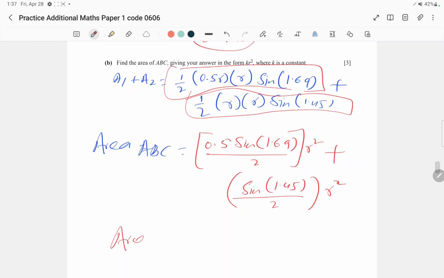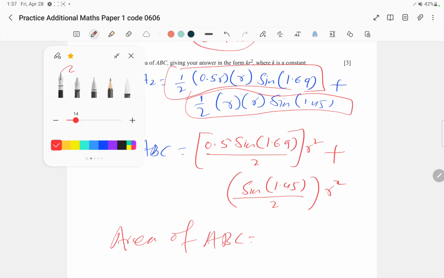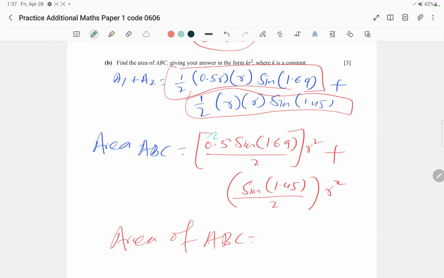Okay, so now the area of the triangle ABC. Here we have to use a calculator. So let's use the calculator precisely. First of all, my calculator should be in radian mode, not degree. So 0.5 times sine of 1.69, over 2. So I got 0.248 r squared.